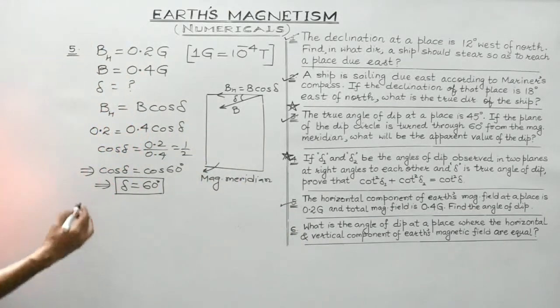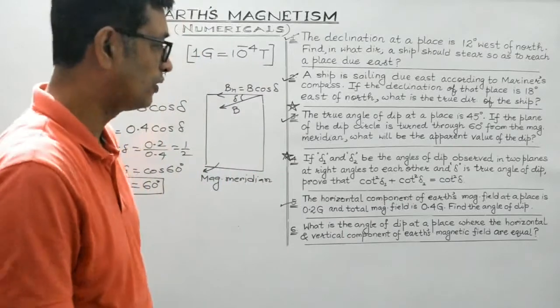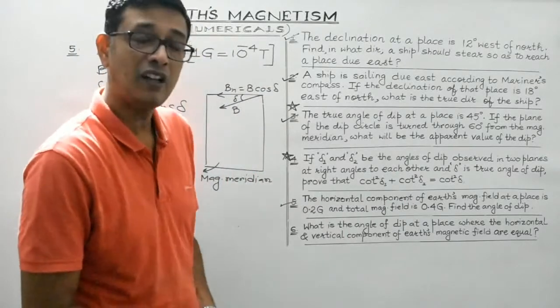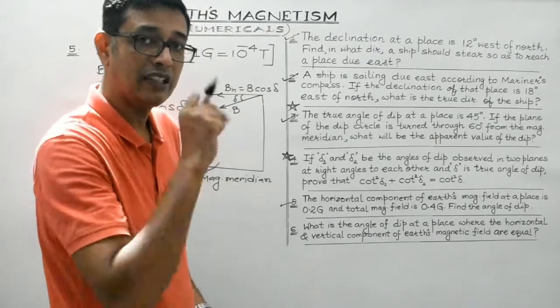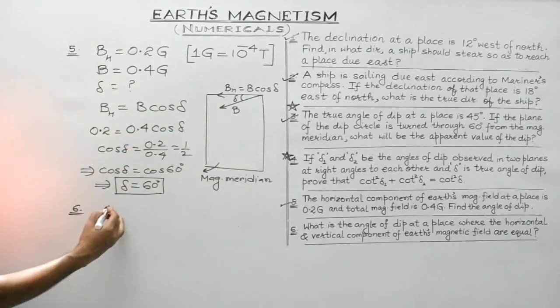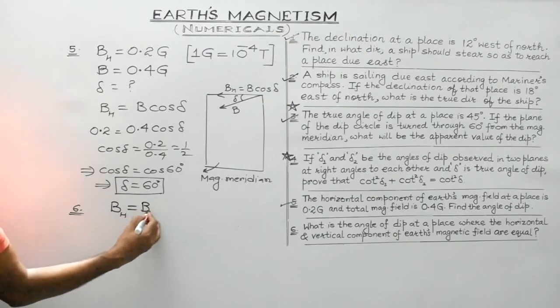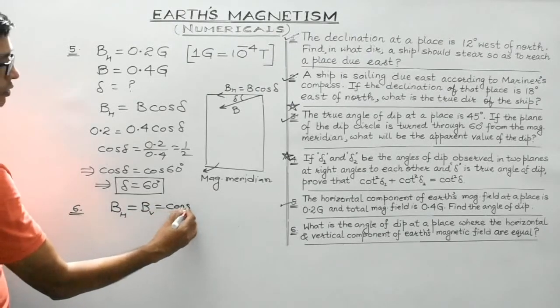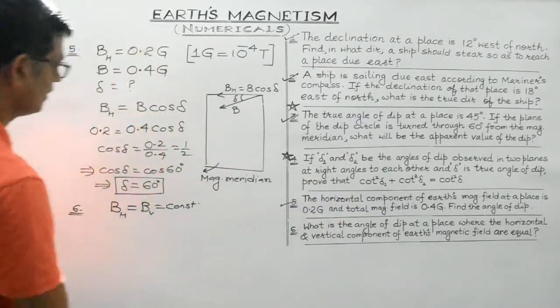Let's move on to the last question. What is the angle of dip? Again, we are supposed to find out the angle of dip at a place where the horizontal and the vertical components of Earth's magnetic field are given to be equal. That is, BH is equal to BV.